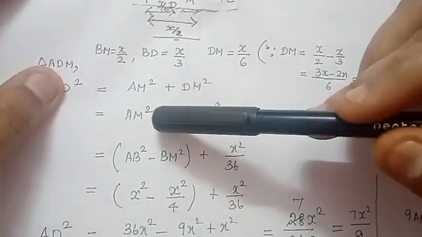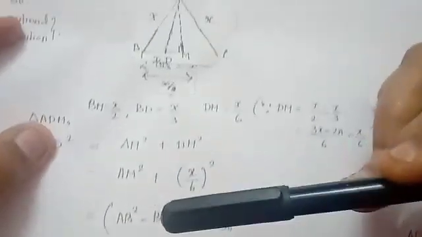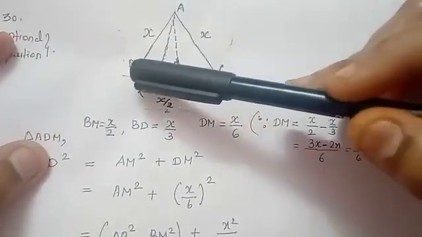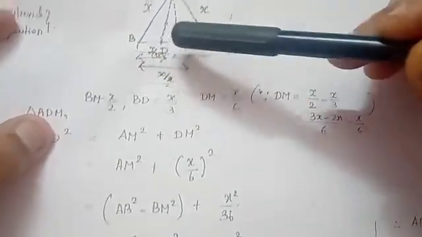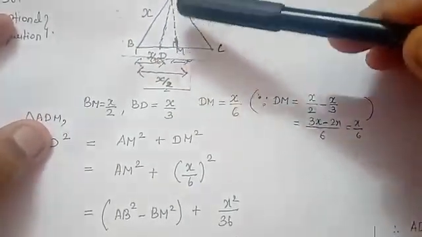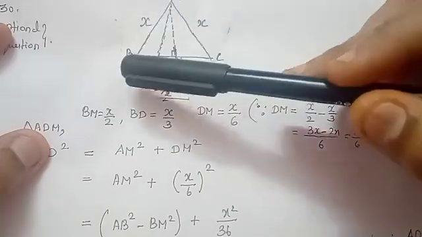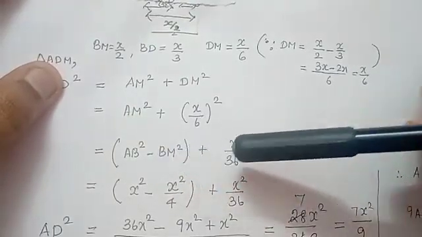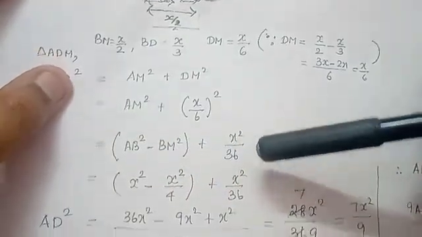Then for AM square, you take the right angle triangle AMB. From this, AM square we can calculate using Pythagoras theorem: AB square, the hypotenuse square, minus BM square. So AM square is AB square minus BM square, plus X square by 36.